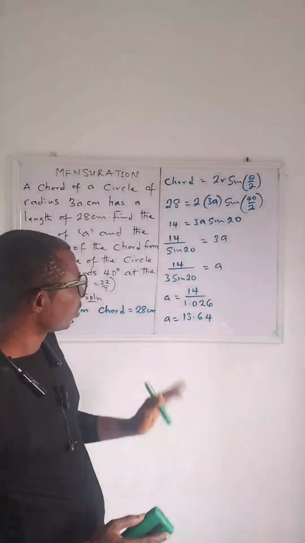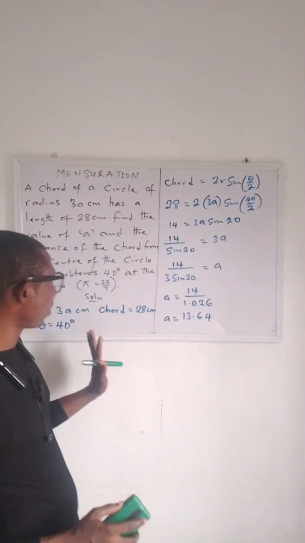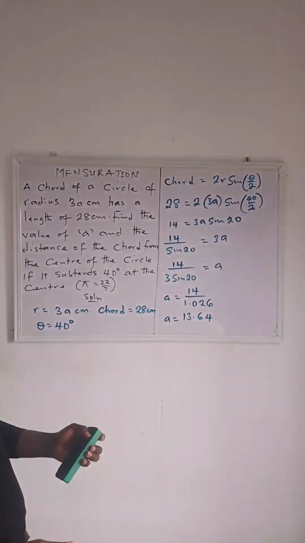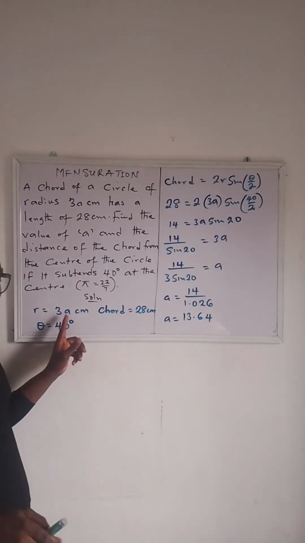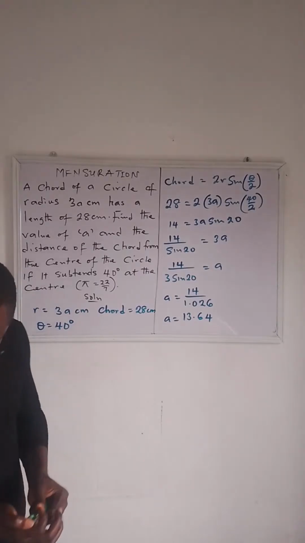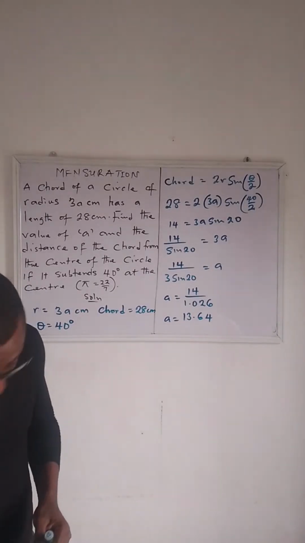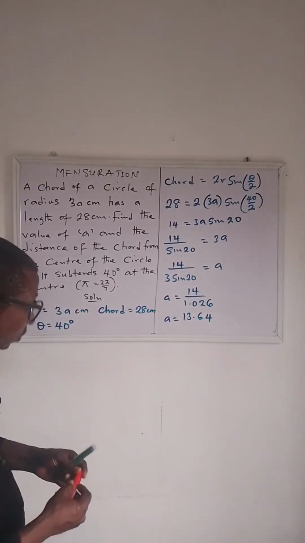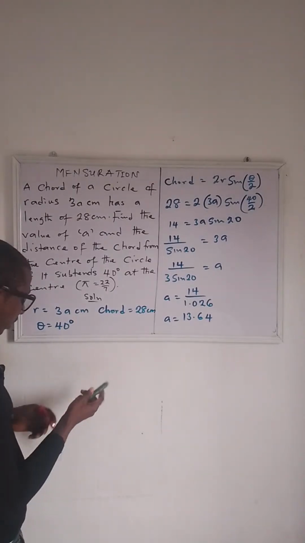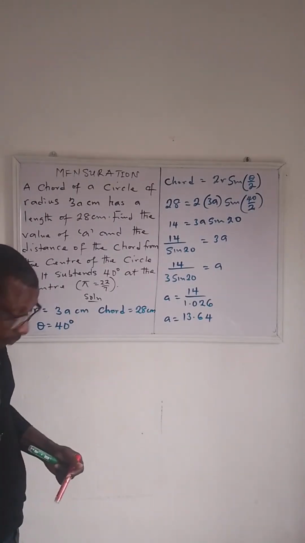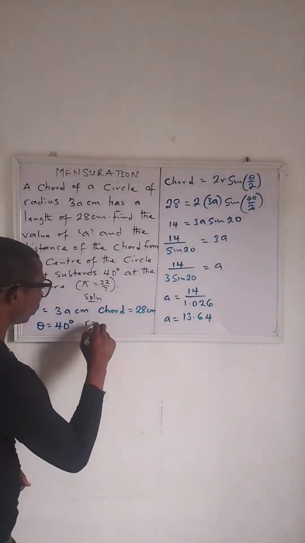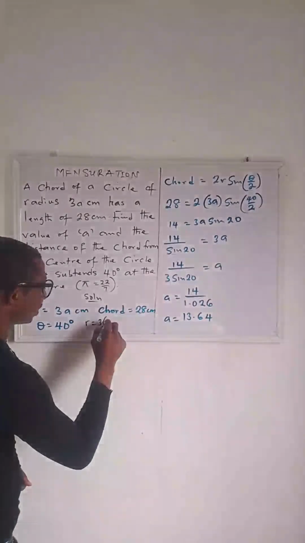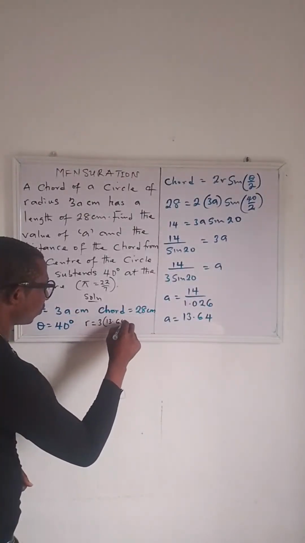Now, before we move on, let us get our R. What is R? The radius. What is radius? Radius is 3a. So now let's get the radius. I can say radius R equals 3 times 13.64.